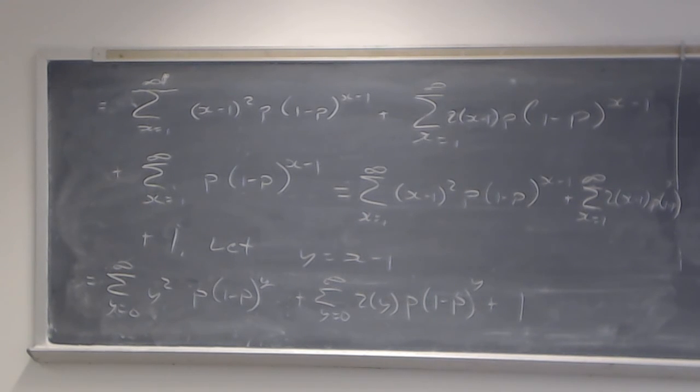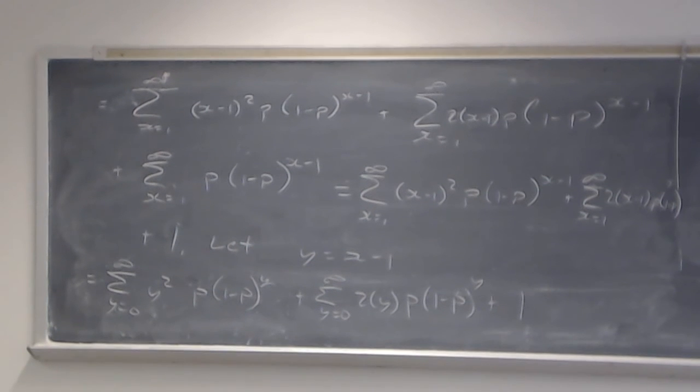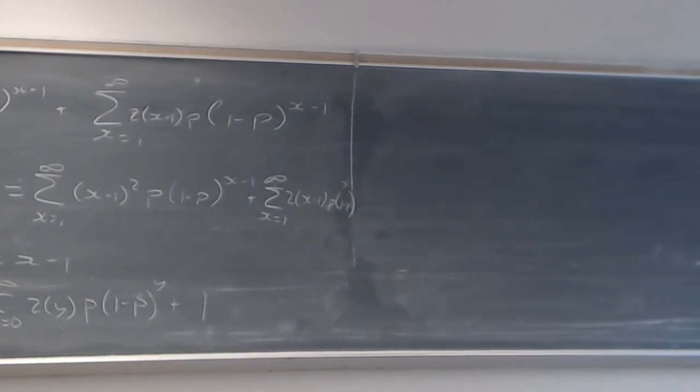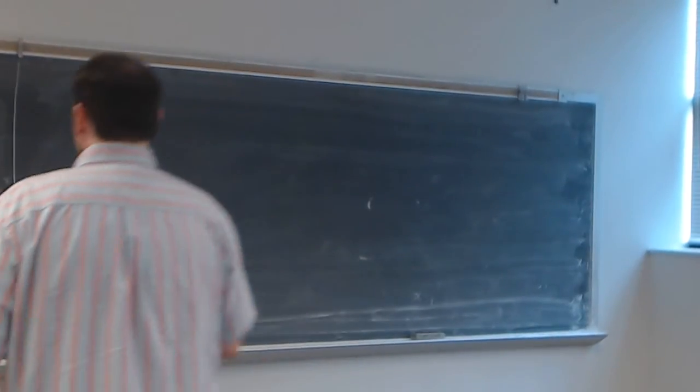One thing to notice as I turn the camera: when y is equal to 0 in those last two sums, the first term in each of those two sums, in that last line, would just be 0. So we might as well start from when y is equal to 1. That's what I'm going to do.